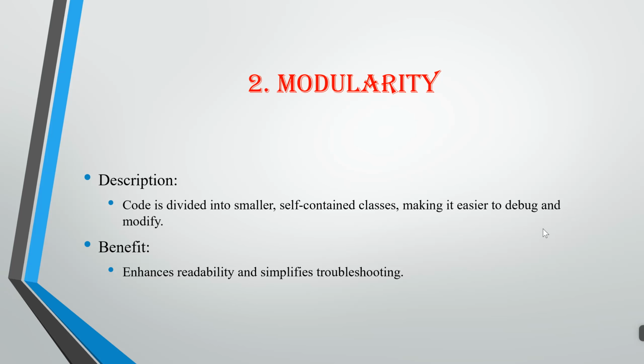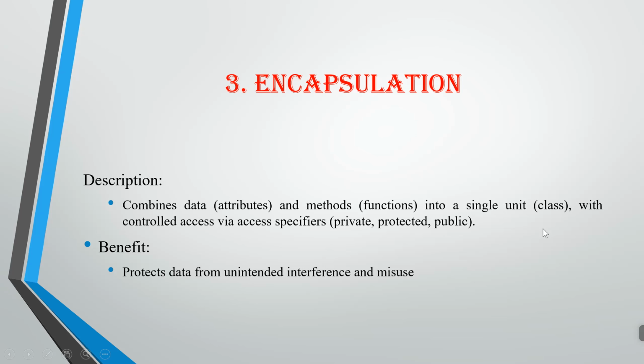Coming to the third option, encapsulation, as I already mentioned, a very important feature wherein you are combining the data, which are otherwise called attributes, and methods, which are otherwise called functions, into a single unit called a class. I already mentioned what a class is. A class contains a blueprint of the object. Basically, a class is nothing but the encapsulated concept of attributes and functions.